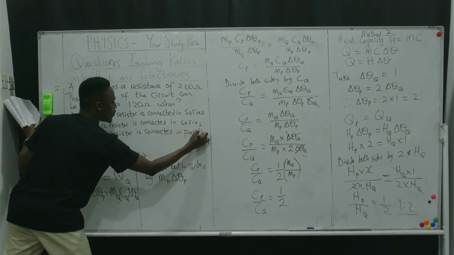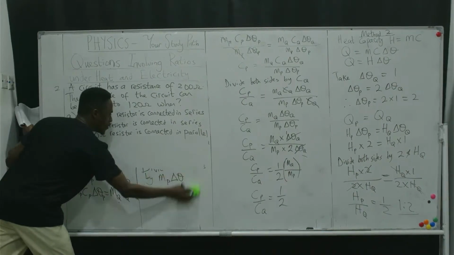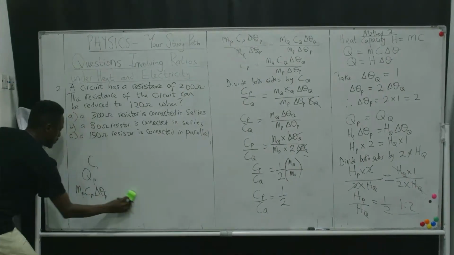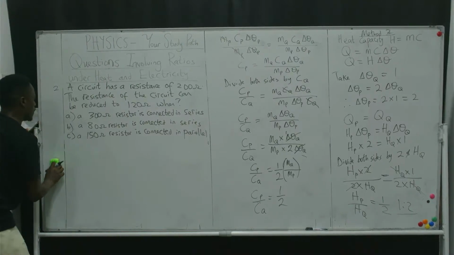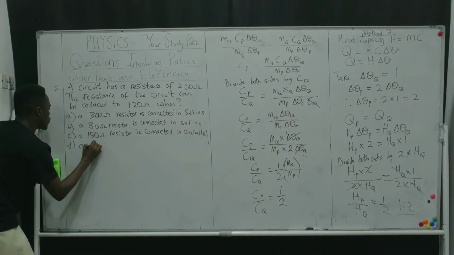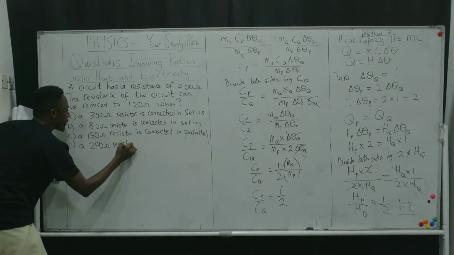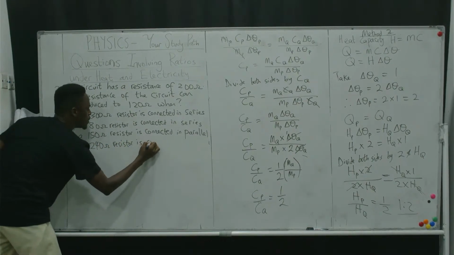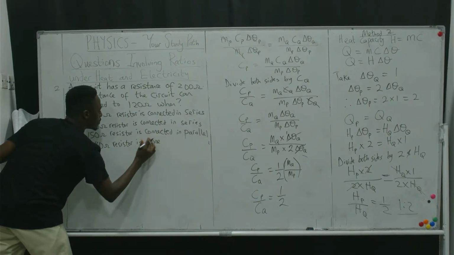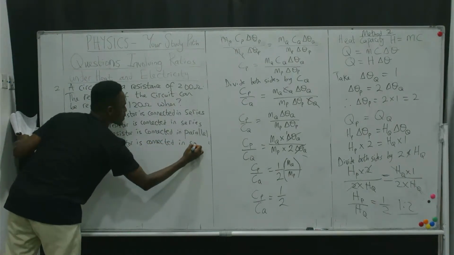Yep, parallel. They're not forgetting the next part, the last option D, a 240 ohm resistor is connected in series.